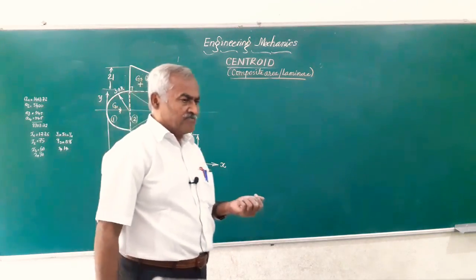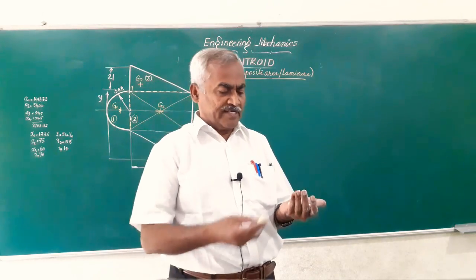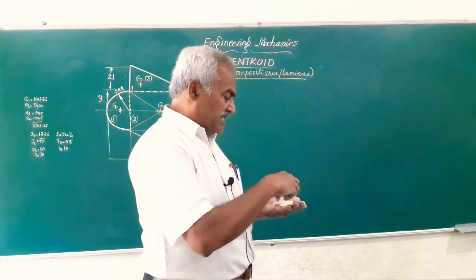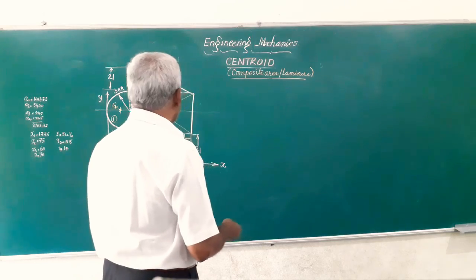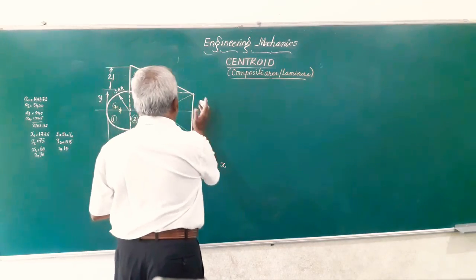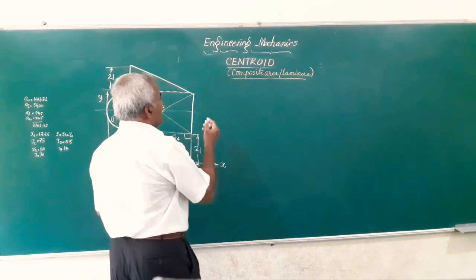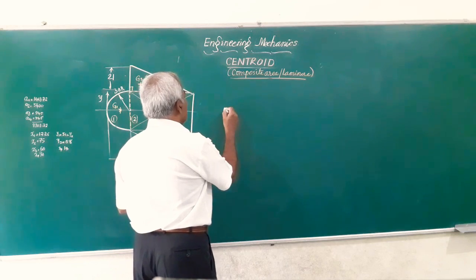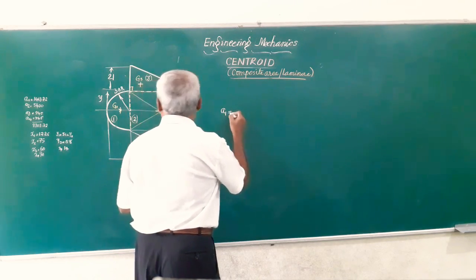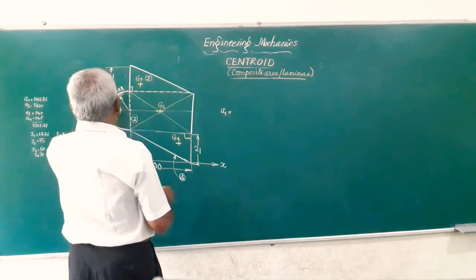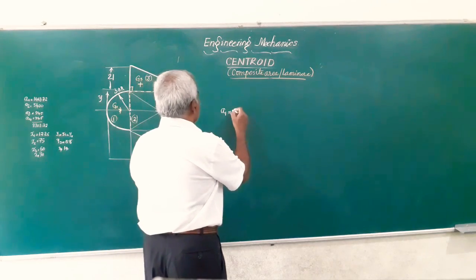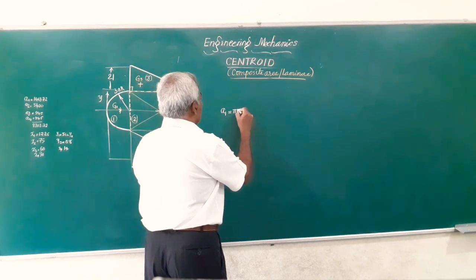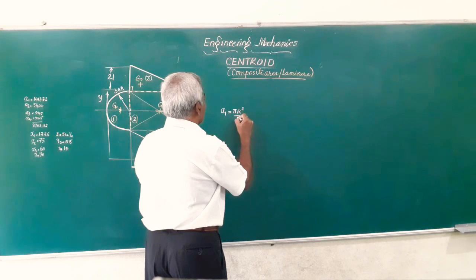To calculate the centroids, we need the areas of these individual figures. So let us calculate these areas. We have area 1, the area of the semicircle, which has a radius of 30, given by the formula pi r square by 2.